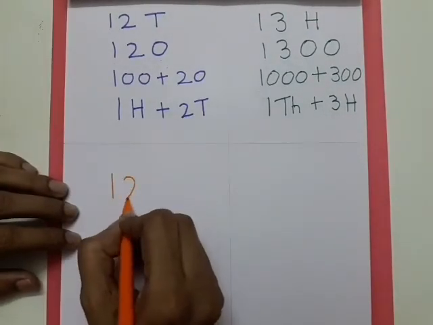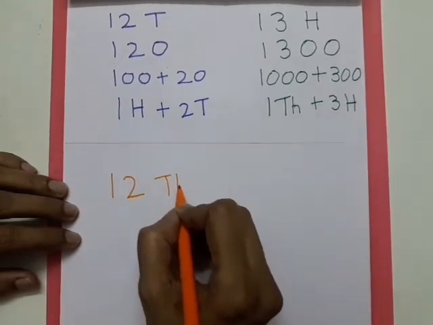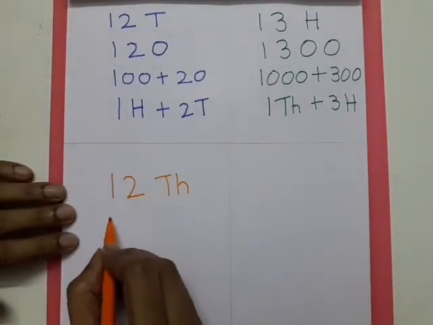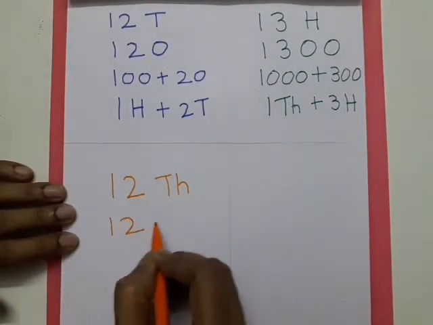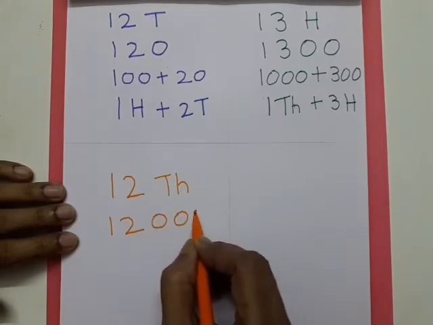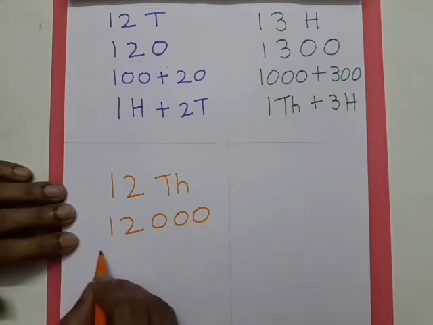So you got 12,000. Now 12,000 we will write it as 12,0,0,0. Now how do I read this number? Now I will read this number as 10,000 and 2,000. So I am writing now in numbers.